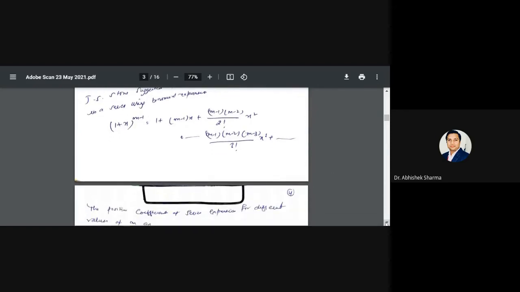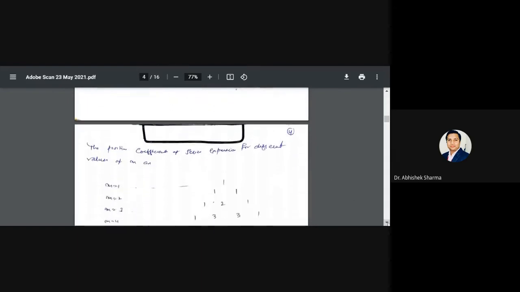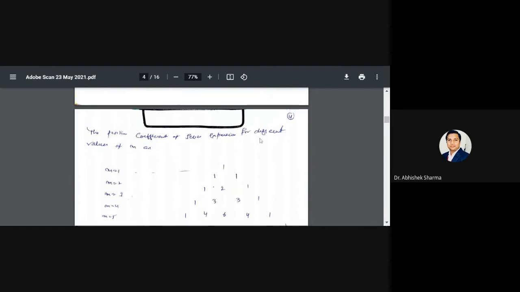Now by using this equation, the position coefficients of the series expansion for different values of m can be given like this.